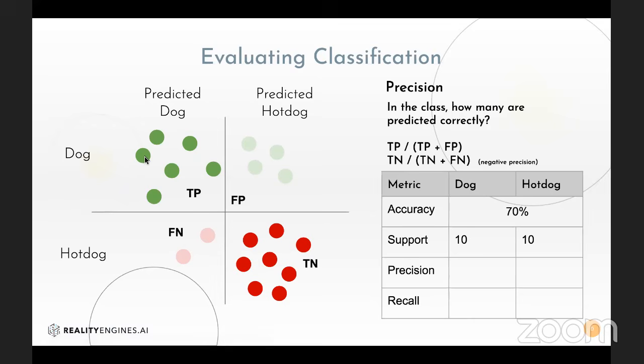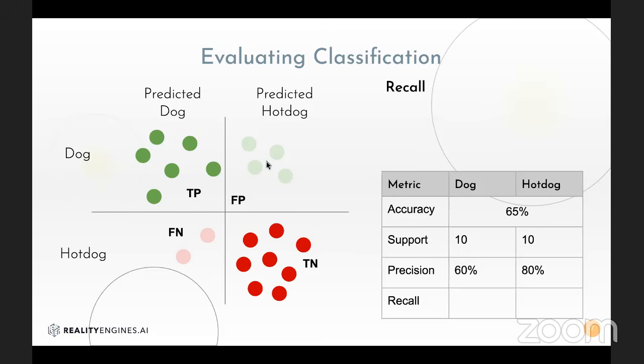So in our case, we have six correctly predicted points out of 10 pictures of a dog. That gives us a precision of 60%. For hot dogs, we predicted 8 correctly out of 10. So that's a precision of, you guessed it, 80%. So very simple metrics.